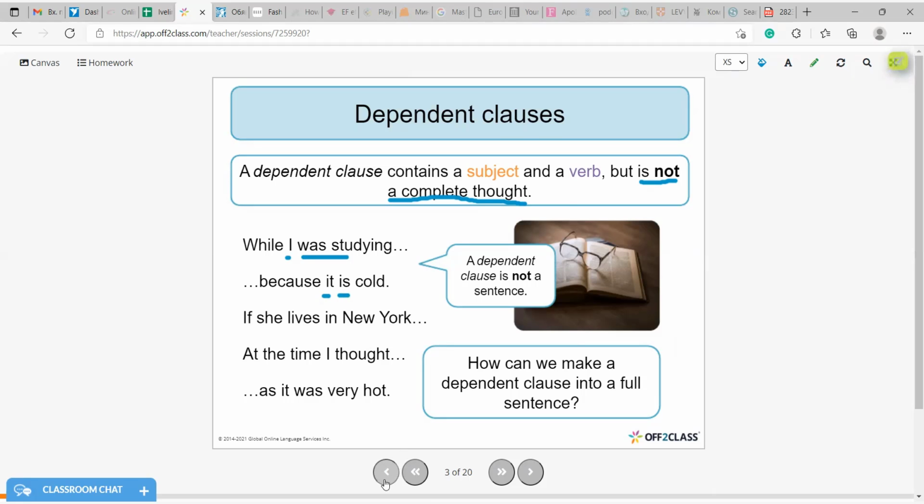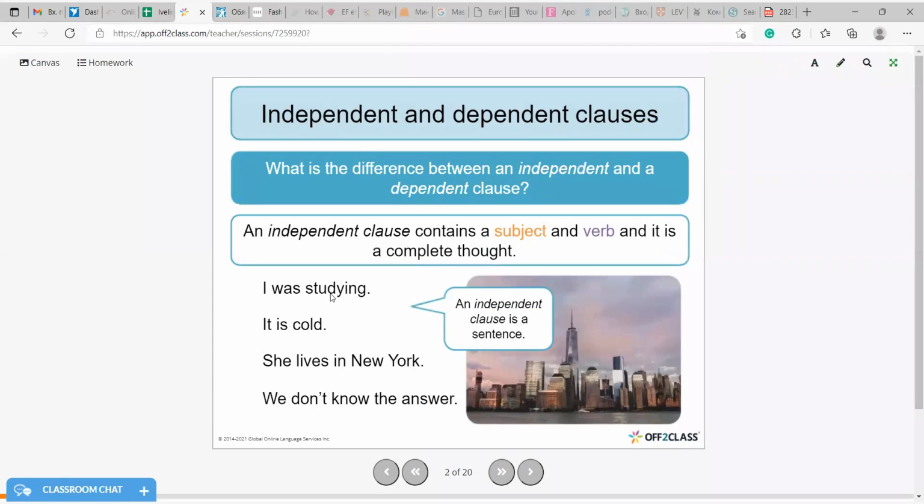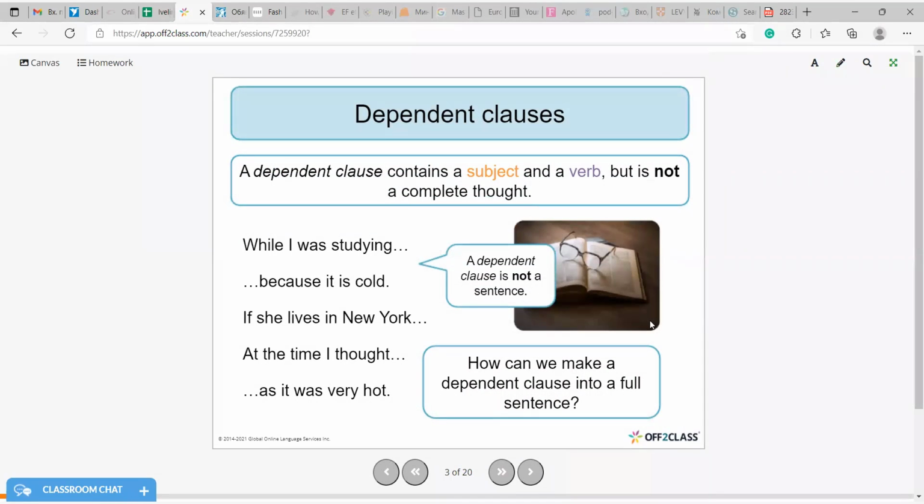But if you compare with these sentences, another difference is that there is something which is a connector.